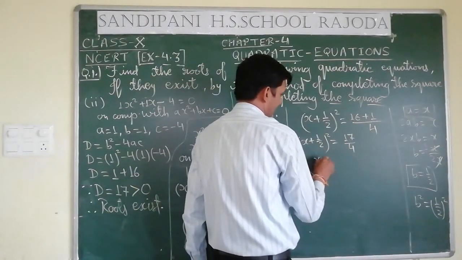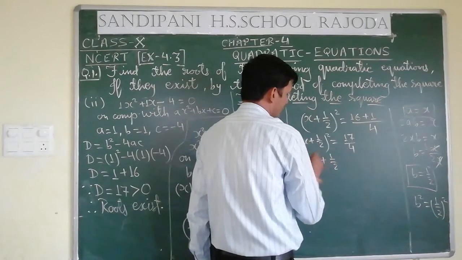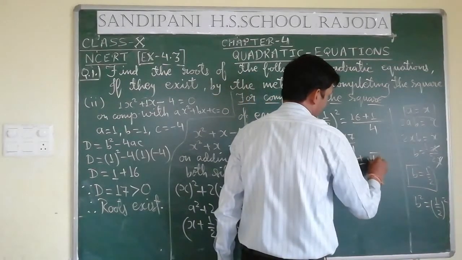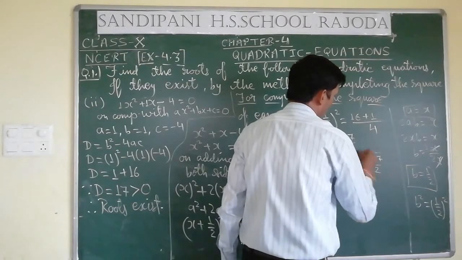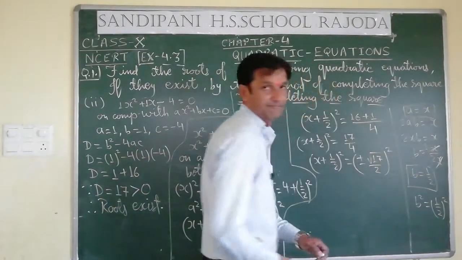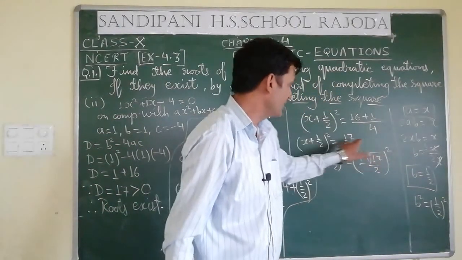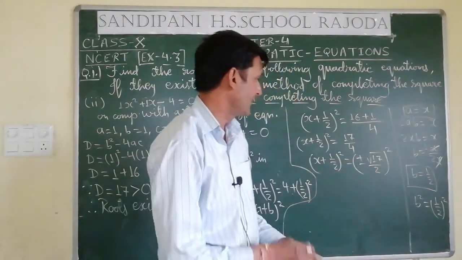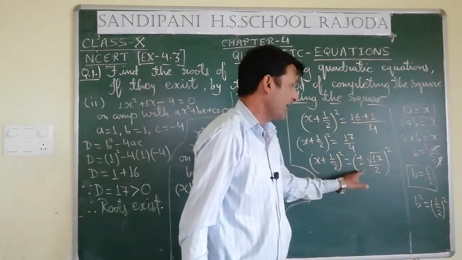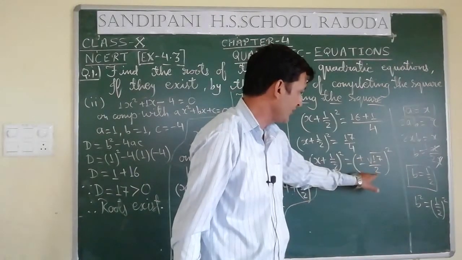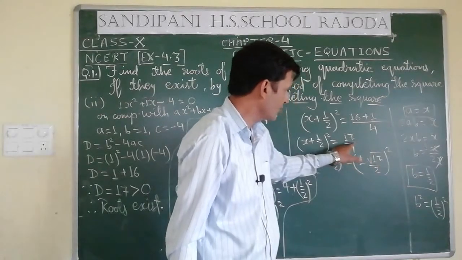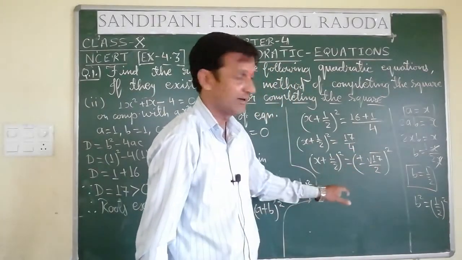Or x plus 1 by 2 whole square is equal to plus minus root 17 by 2 whole square. See, root 17 square is 17 and 2 square is 4. Plus minus sign, because positive root 17 by 2 square is also 17 by 4 and negative root 17 by 2 square is also 17 by 4 again.